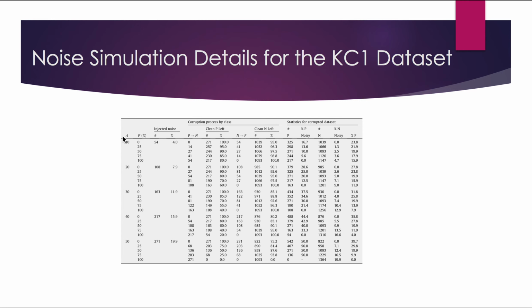Since KC1 has 1364 total examples, 54 noise instances are about 4%, which is right here in the second and third columns, 54 with 4%. So after corruption of KC1, the percentage of positive examples ranges from 4% to 39.7%.